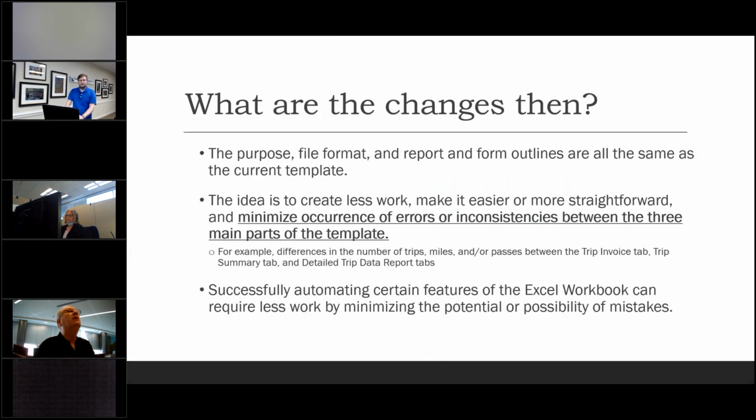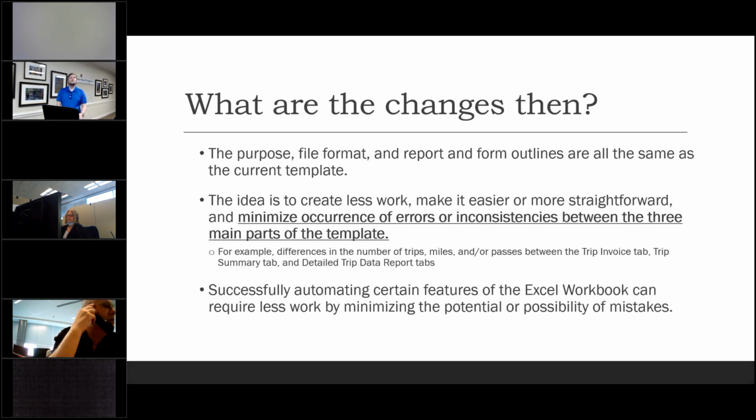So what is changing about it? As I said before, it's really not the way it's presented. It's not the outline. It's not the look. The idea is to really do things in the background that make it easier and more straightforward to submit accurate data.